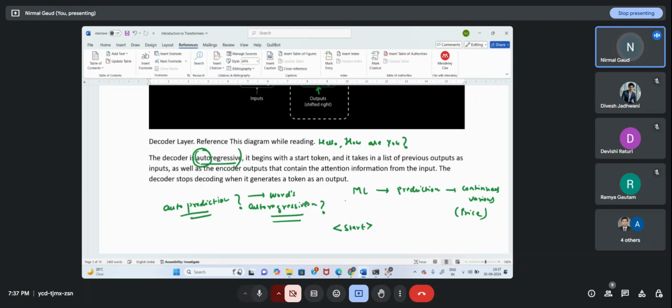This is the input you give to the transformer, and the transformer should answer, hi, I am fine. So with this input, the transformer should identify what word should come: hi, then I, then am, then fine. This is the prediction done by the decoder: what word should come next. That is why it is called auto regressive.